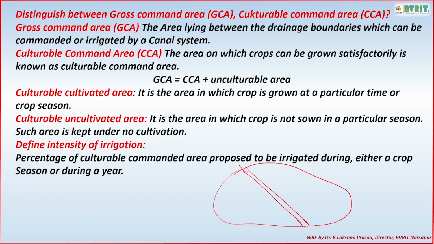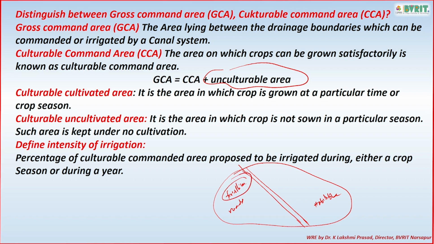In this gross command area, there may be some habitable areas, some forest, some roads. At all those places there will not be any crops grown. If you remove such unculturable area, then the remaining is the culturable command area, where you can really sow the crop and where fields are available.